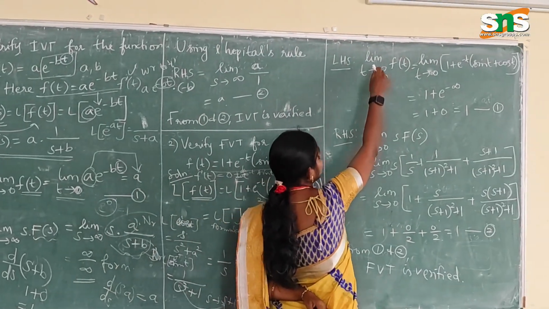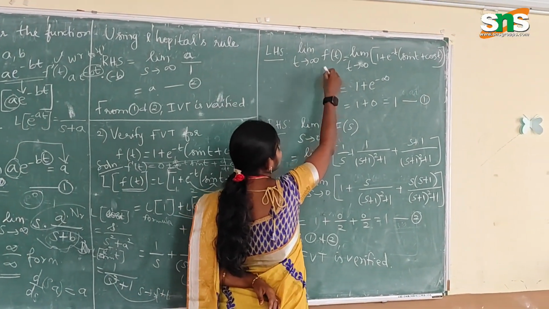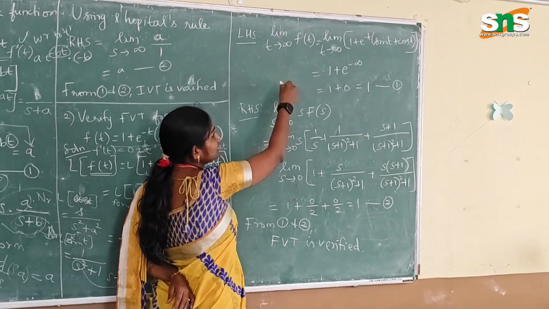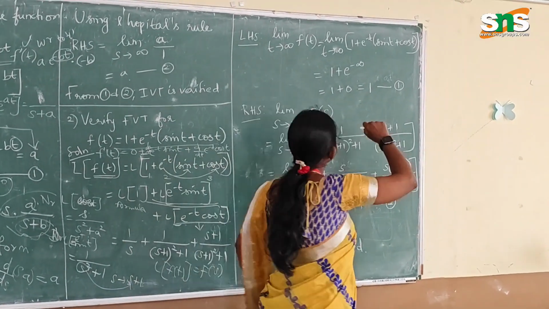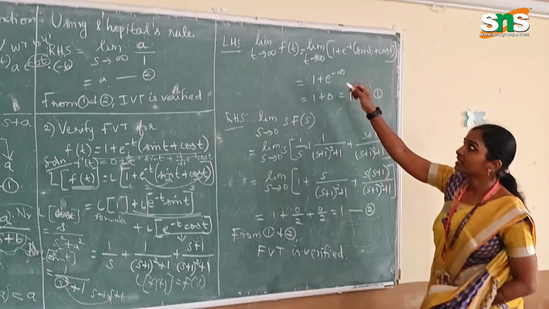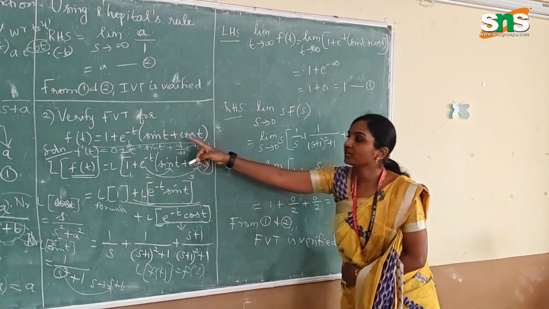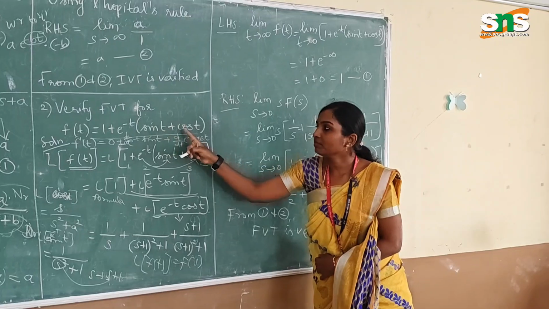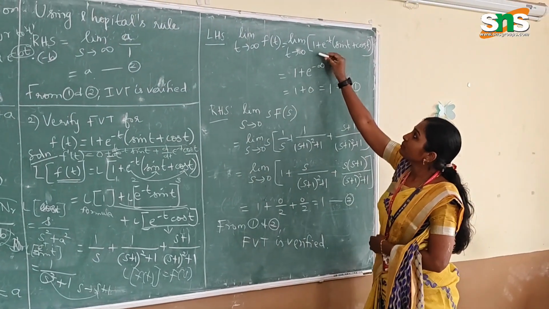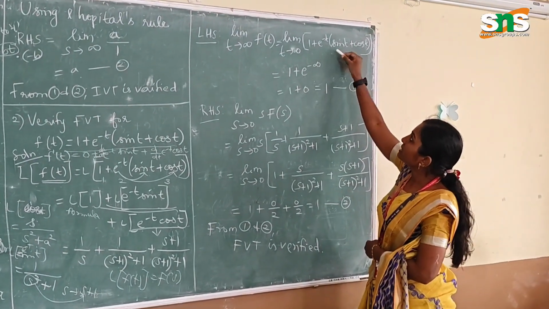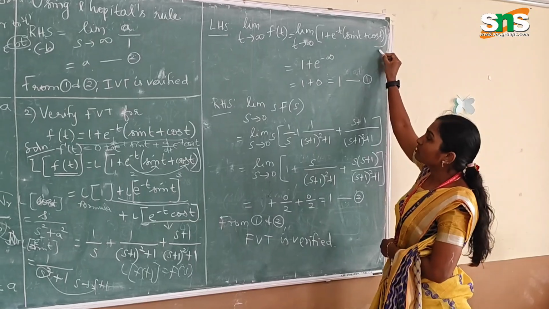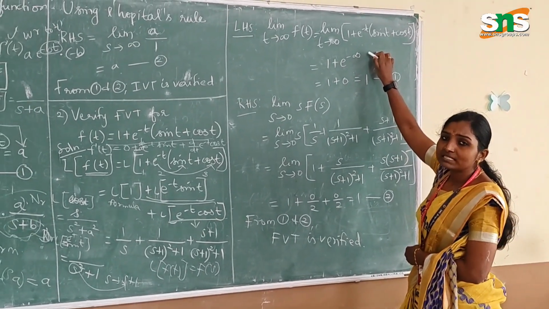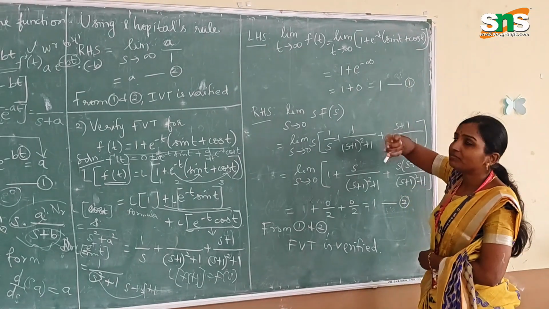What is our LHS? It is limit t tends to infinity f of t. What do you mean by this f of t here? We will just replace this f of t with the given function which is 1 plus e power minus t into sin t plus cos t. So now, on applying the limit, we will just replace this t with infinity.